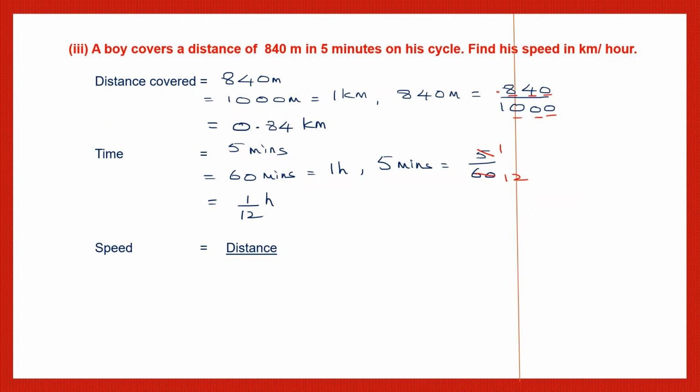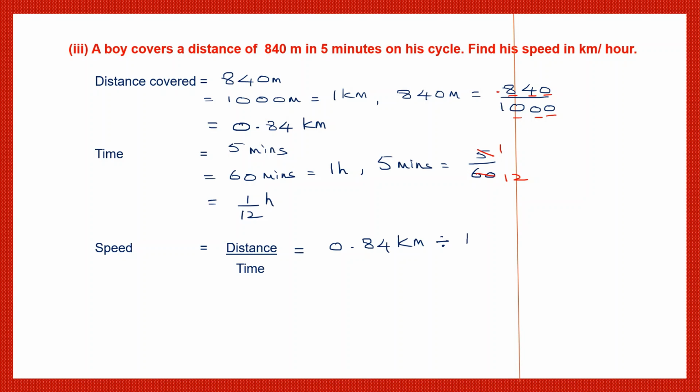So speed, the formula is distance by time. So distance is 0.84 kilometers divided by time. I'm writing division like this because, as you can see, time is 1 by 12 hours, which is a fraction. Instead of writing it below, I'm writing the division sign and writing it by the side.